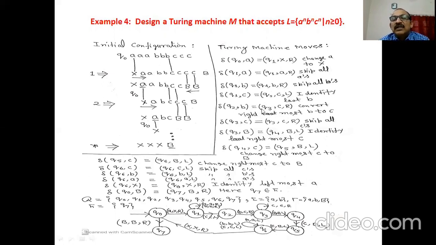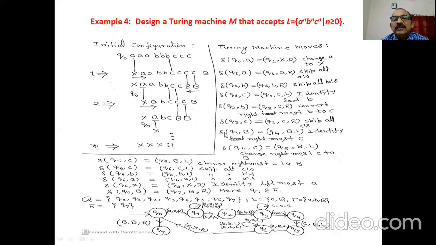So this transition function converts the rightmost B to C. Now next step, we want to skip all C's. So the machine is now in the state Q3, input is C, it stays in state Q3, replaces this C by C, moves in the right direction.